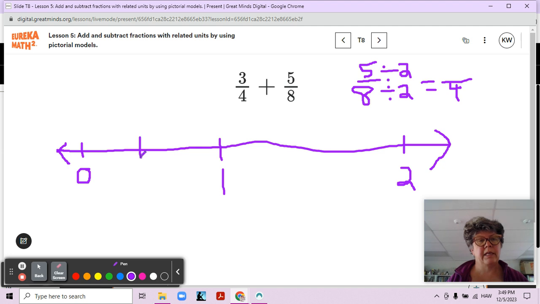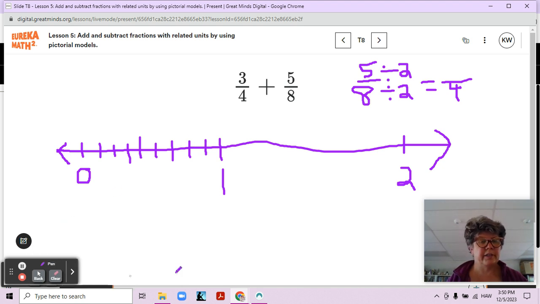Okay, and if we need 8 parts, we need 7 lines, right? I put a line in the middle so that will kind of show us where the middle is. So that would be 4, 1, 2, 3, 4, 5, 6, 7, 8. Let's see. 1, 2, 3, 4, 5, 6, 7. Oh, I did put an extra one.